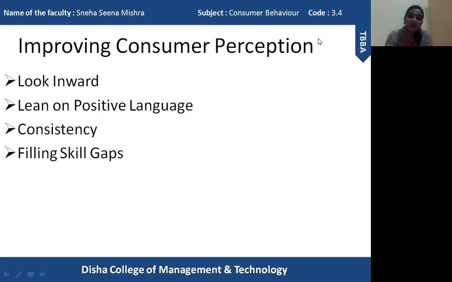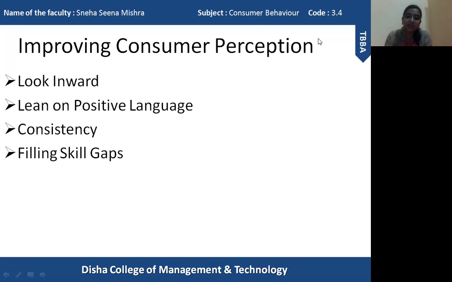The next one is filling skill gaps. Skill gaps here basically means that when companies try to get any kind of feedback or response from the consumer, it must be done very carefully so that the consumers do not think that they are just a source of income from the company's point of view.